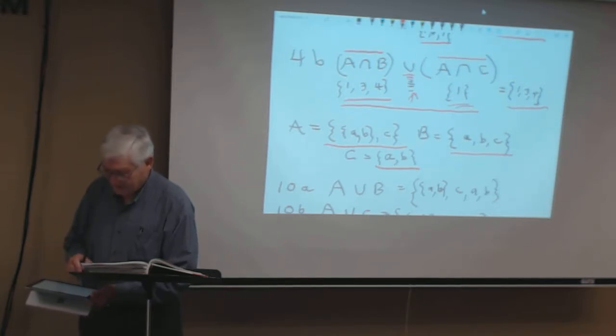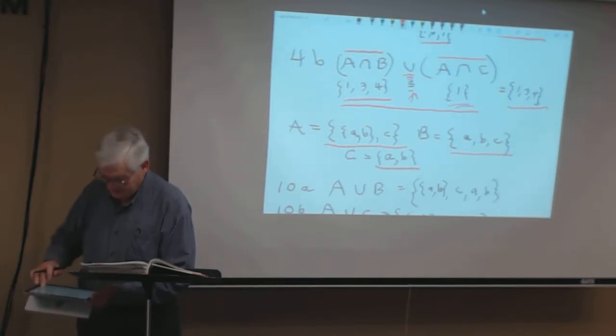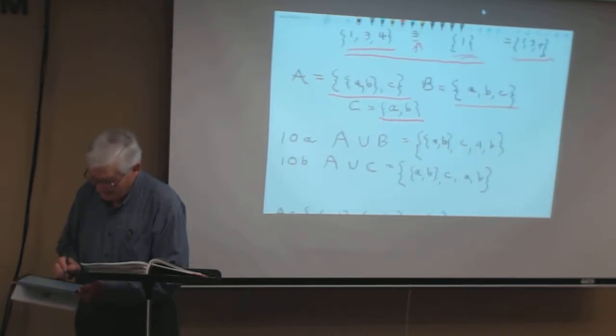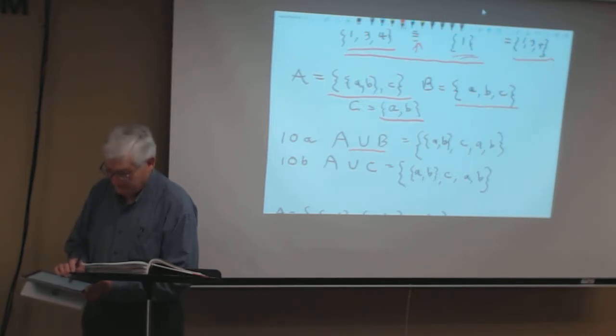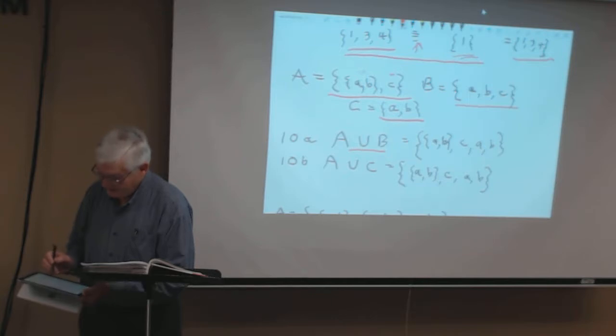So now I've got my 3 sets down here. Now I can come and answer the question. What happens if I unite A and B? Then I'm going to have the set AB and C, and then that takes care of C. So what else do I need to add to make sure B is in there?